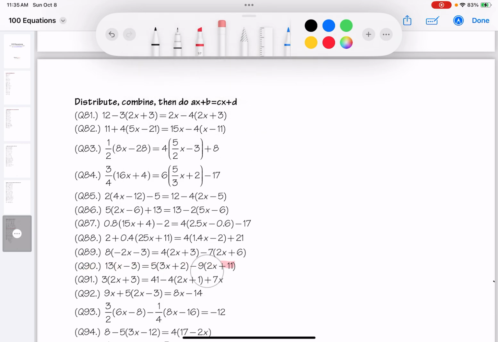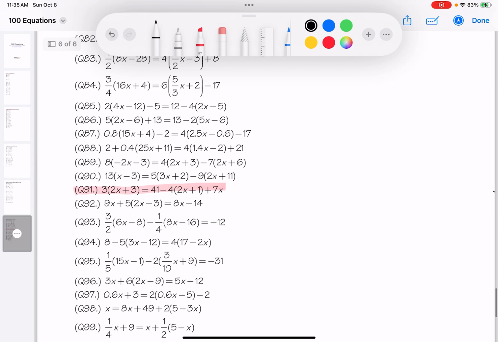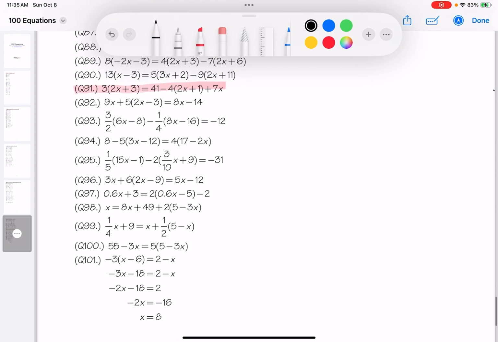What are we doing now? Number 91. And again, they're tedious. Let's go through it. And what do you get there? Well, let's write this down. It's 6x plus 9 equals 41. By the way, in exams, I don't expect my students to check because it just takes too long for them.